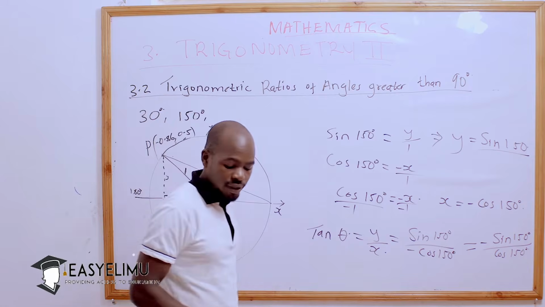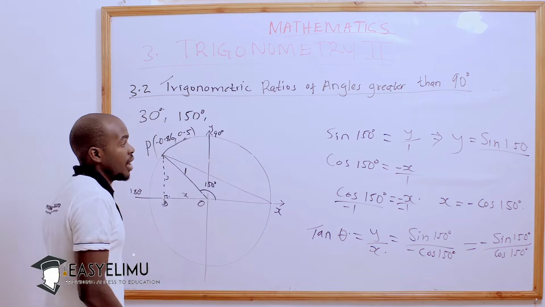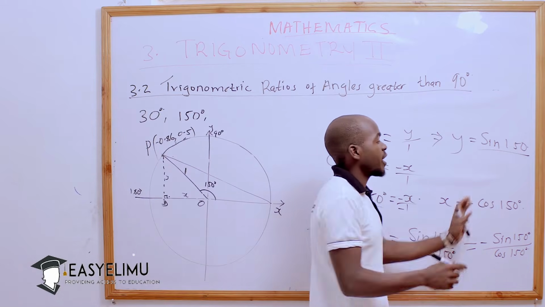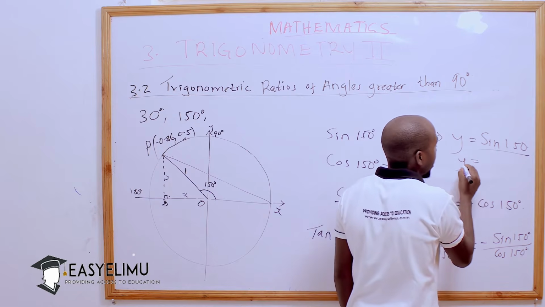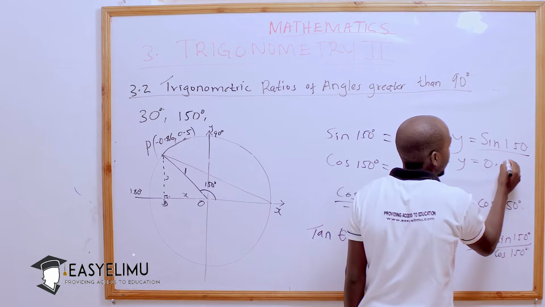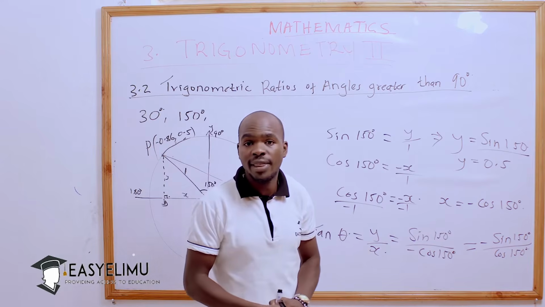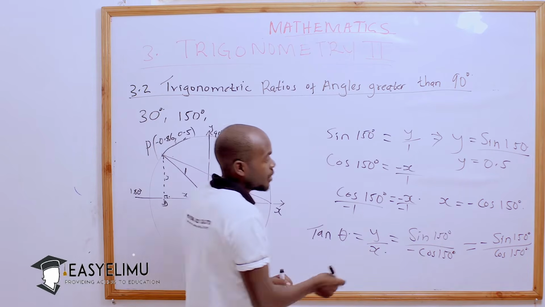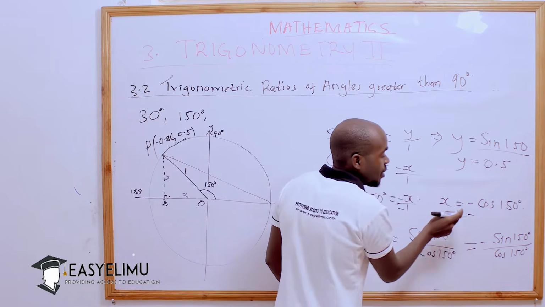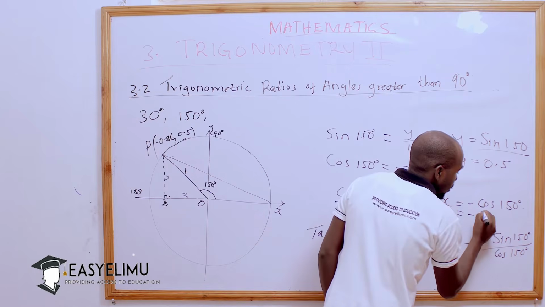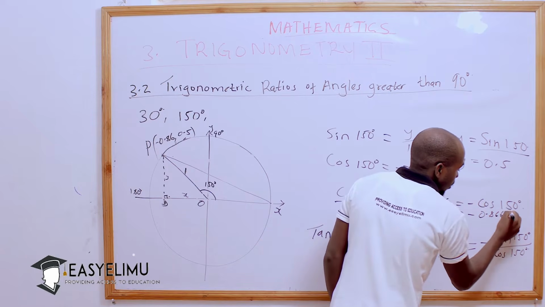And if you work out that one, for this point here, y equals sine 150, you are going to get y equals 0.5. It's the same as working out sine 30 degrees. And for this one here, the negative will remain, and then this one will be 0.8660.